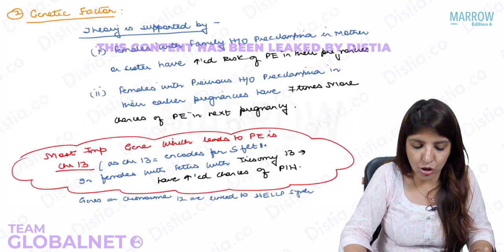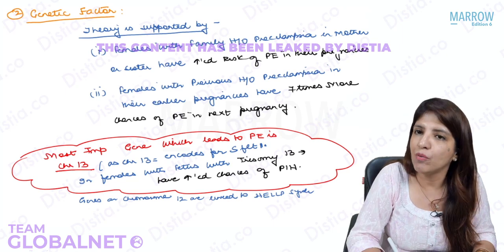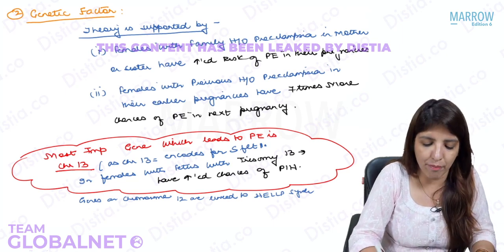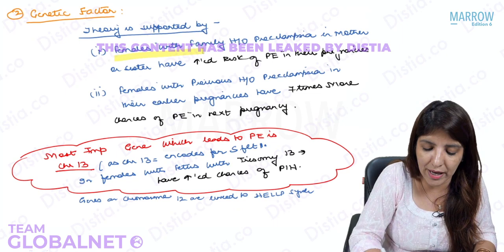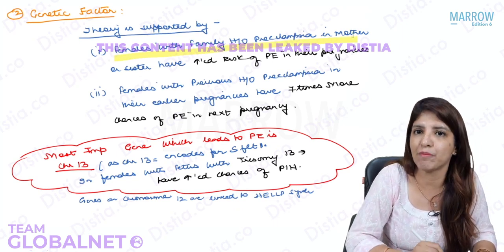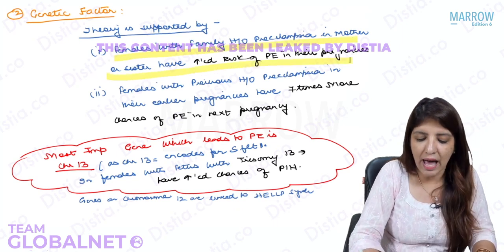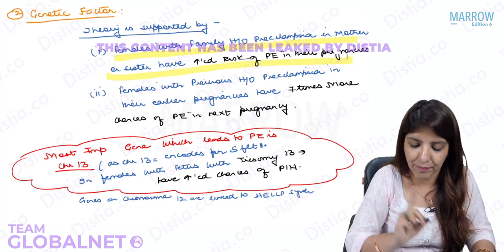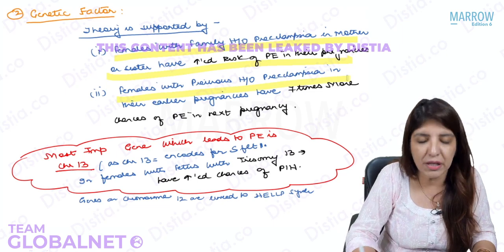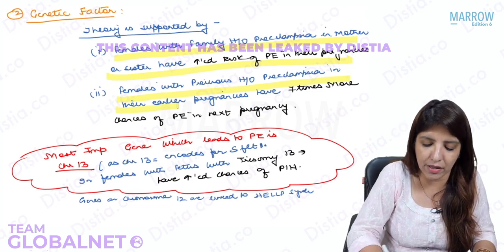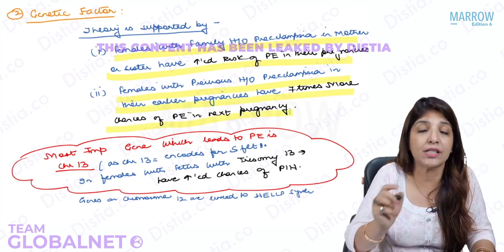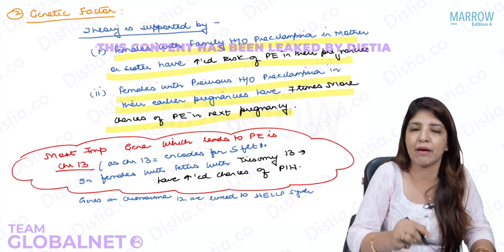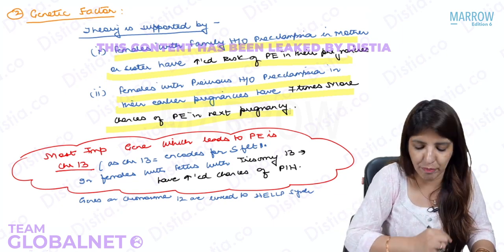Right? Number 2 is the genetic factor. How is this theory supported? This theory is supported because we have seen that females with a family history of preeclampsia in their mother or sister have increased risk of preeclampsia in their pregnancies, number 1. Number 2, a female with a previous history of preeclampsia in an earlier pregnancy has 7 times more chances of preeclampsia in the next pregnancy.